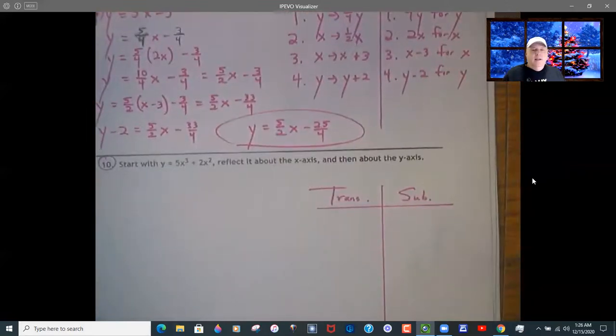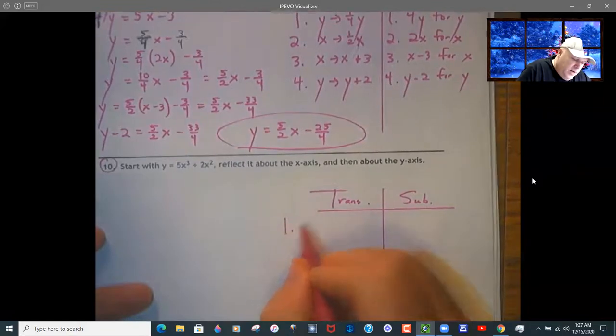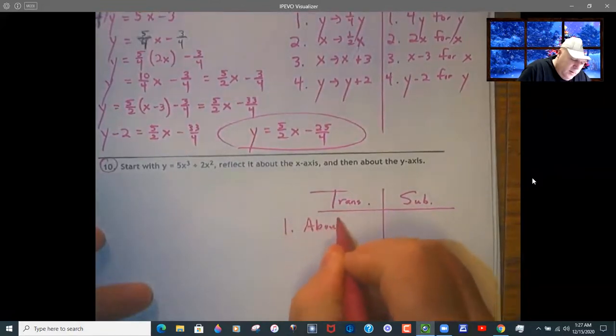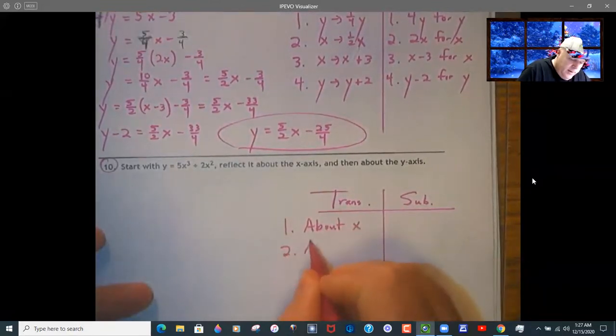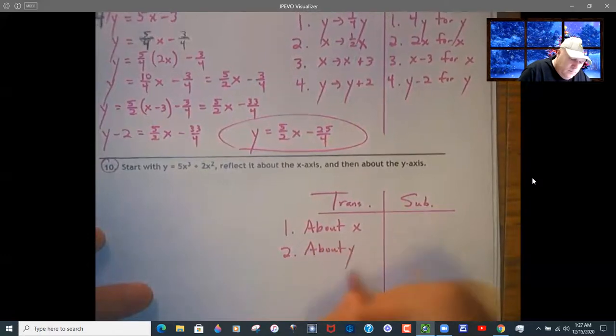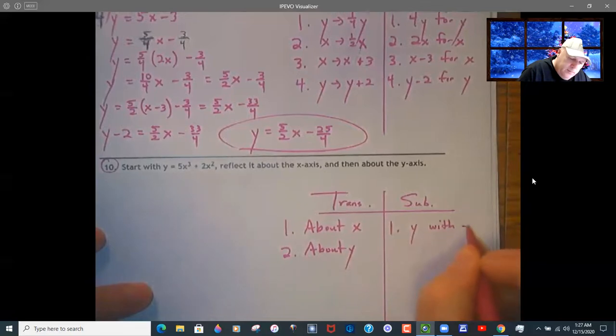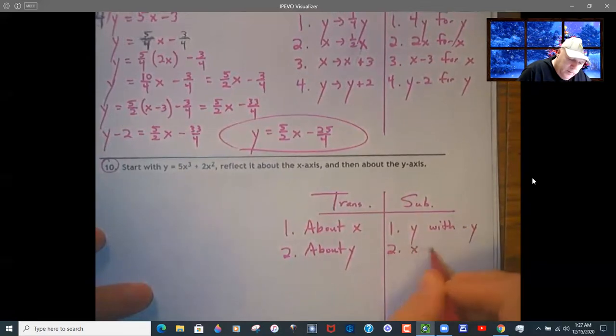All right, last but not least, x-axis reflection and the y-axis reflection. So we're going about x and about y. So we replace y with negative y and x with negative x.